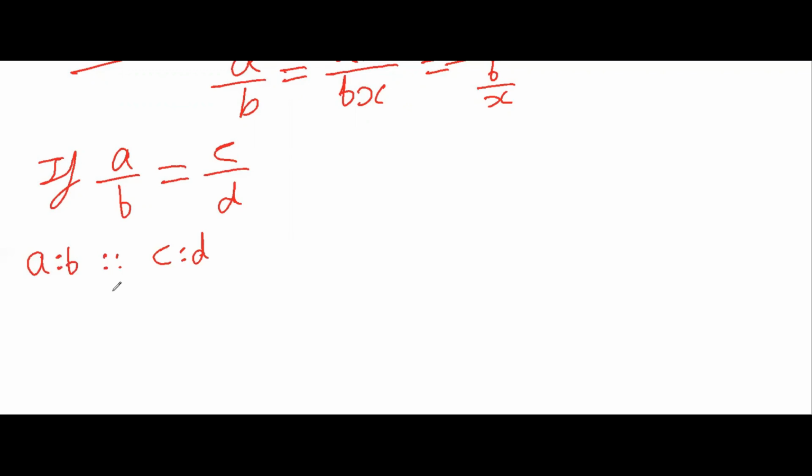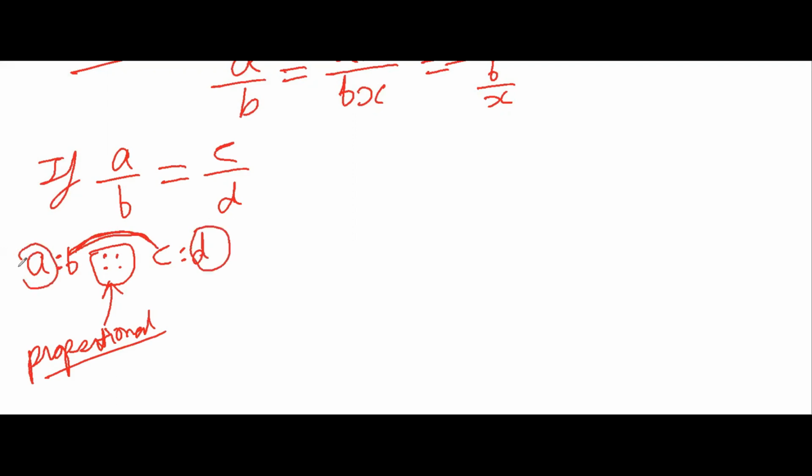So this is known as proportional. In proportional we are going to use this symbol, which can be termed as proportional. B and C are called means, and D and A are called extremes.